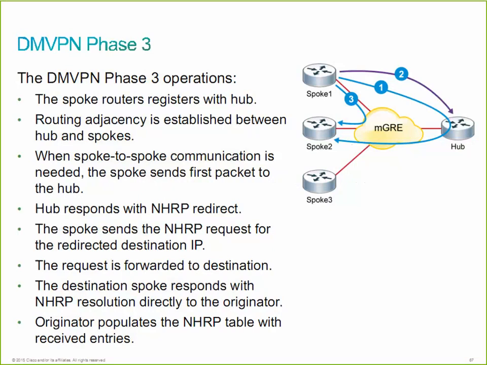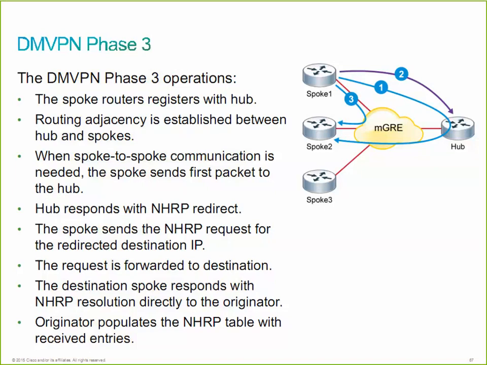It's going to allow that spoke-to-spoke tunnel, but there are some scalability issues that exist in Phase 2, and that's really the purpose of Phase 3. And Phase 3 is not really necessary unless you have a really, really large DMVPN network.